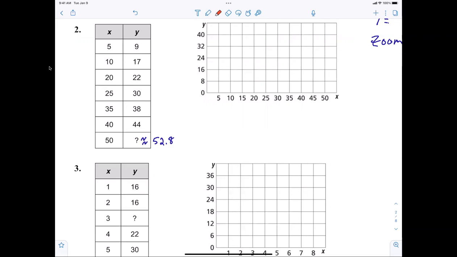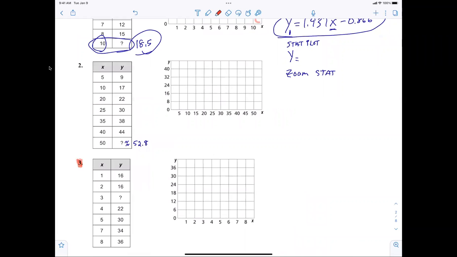All right, now everyone highlight number 3, do that for homework also. What was the equation for number 2? Y equals 0.954x plus 5.466, something like that. I just didn't put the line in there.